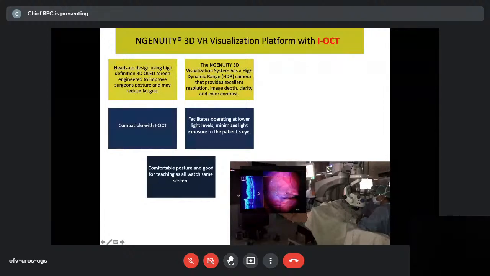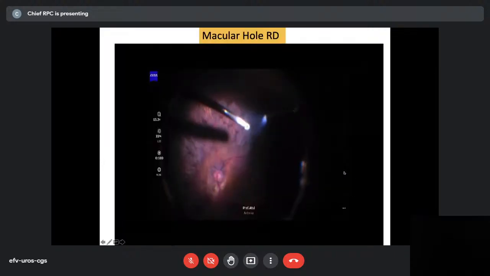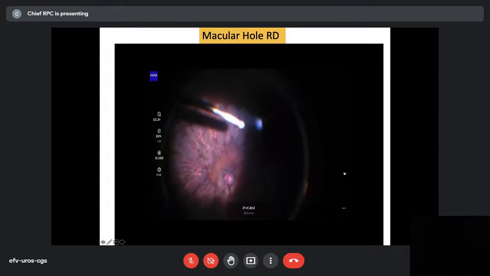So this is the intraoperative OCT, just like you do a preoperative, postoperative OCT. It's a macular hole RD. So of course you can see the hole over here. So this is a macular hole RD. So something with geographic atrophy or something with a large... let's see.